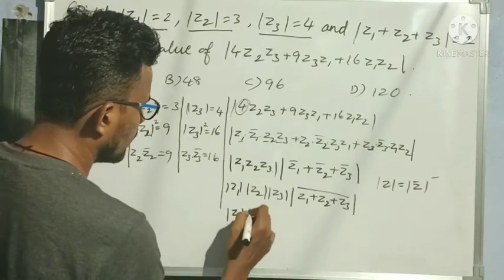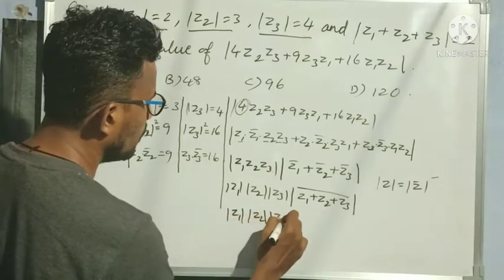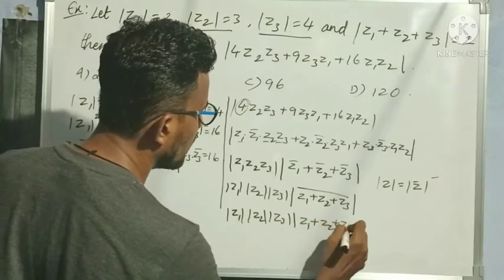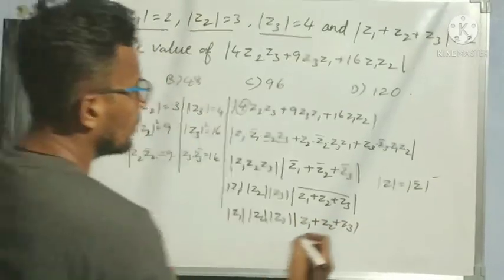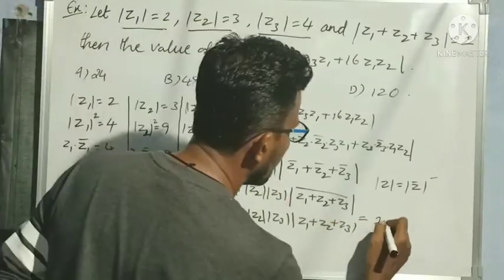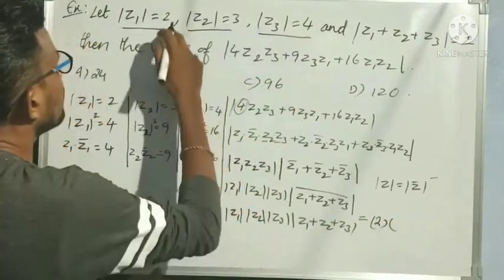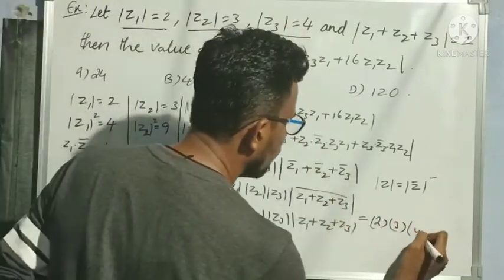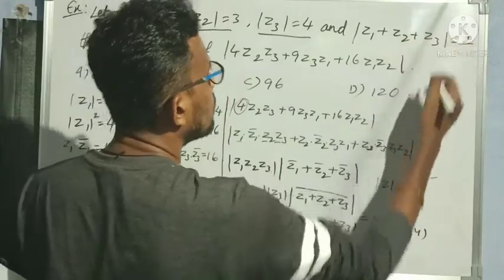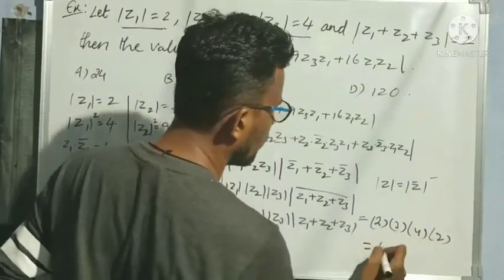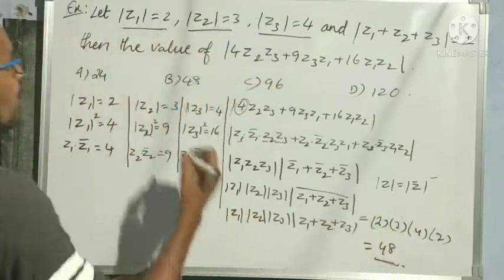So modulus of z1 into modulus of z2 into modulus of z3 into modulus of z1 plus z2 plus z3. Modulus of z1 is 2, modulus of z2 is 3, modulus of z3 is 4, and modulus of z1 plus z2 plus z3 is 2. So 2 into 3 is 6, 6 into 4 is 24, 24 into 2 is 48, that is the answer.